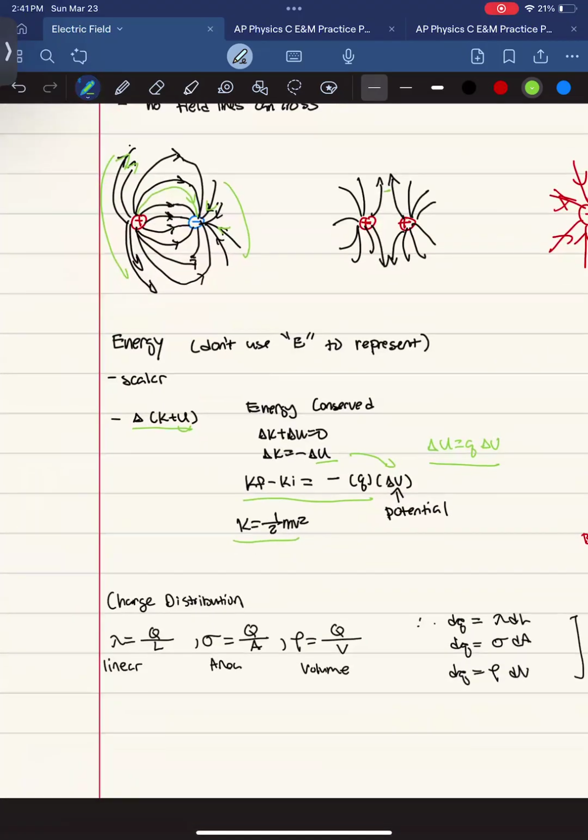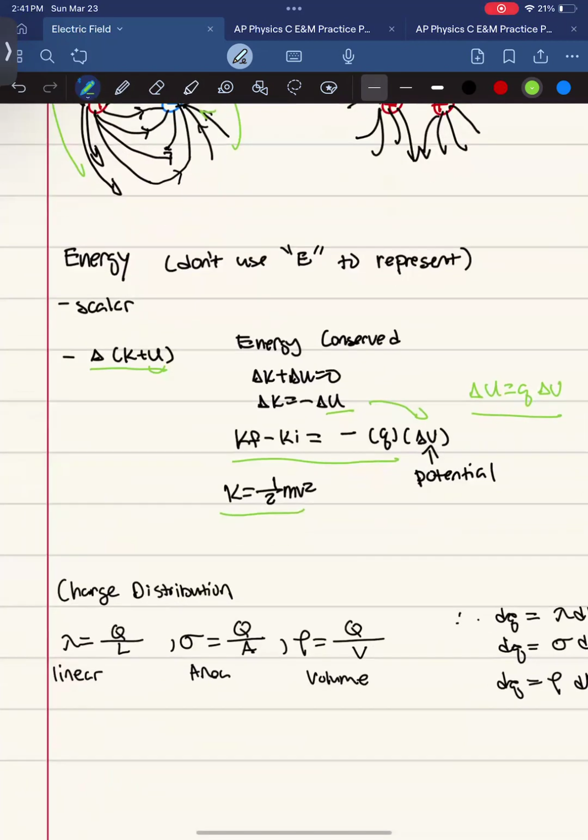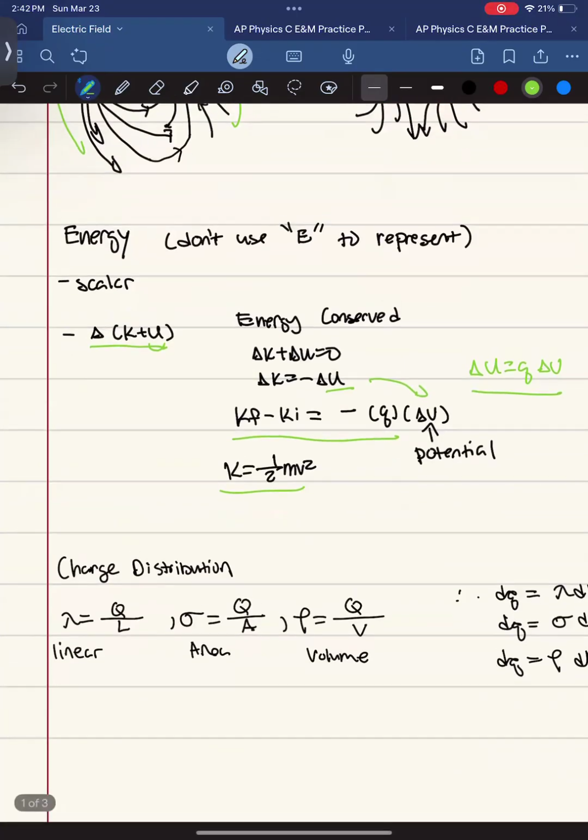Lastly, I'll briefly talk about charge distribution, as it's very important to find the electric field of a shape that is not a point charge. And we use it a lot in Gauss's law, which I will talk about in the next class. So for charge distribution, the first three concepts are this.